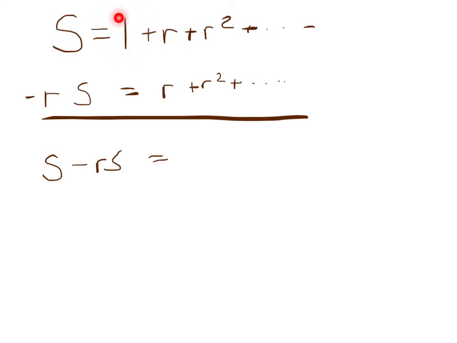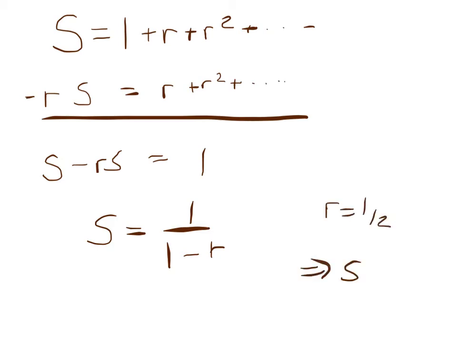The only thing left on the right-hand side is 1, so S minus rS equals 1, which implies that S is equal to 1 over 1 minus r. If I then use that r is a half, that implies that S is equal to 2, which is what we found pictorially on the previous slide.